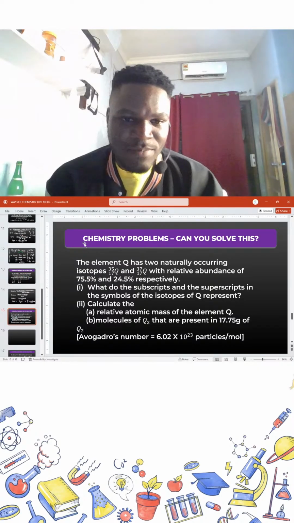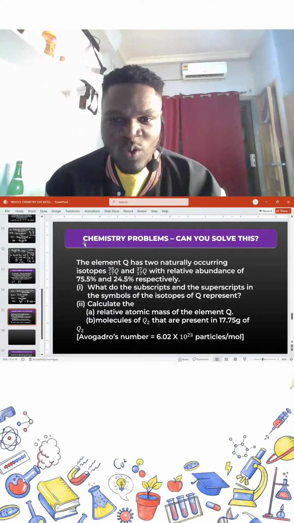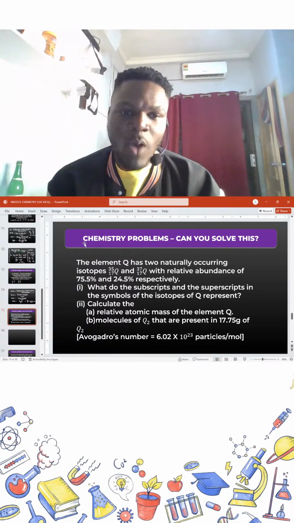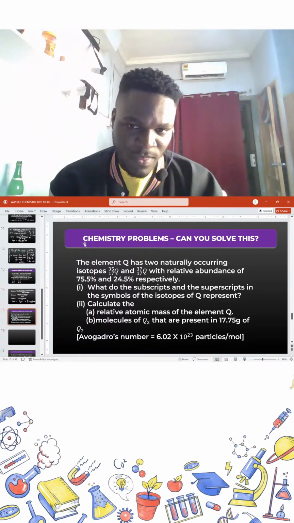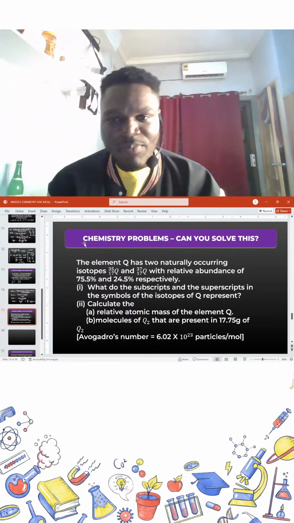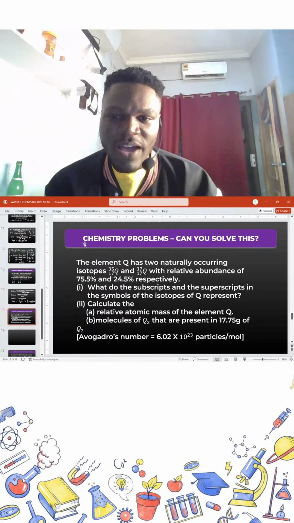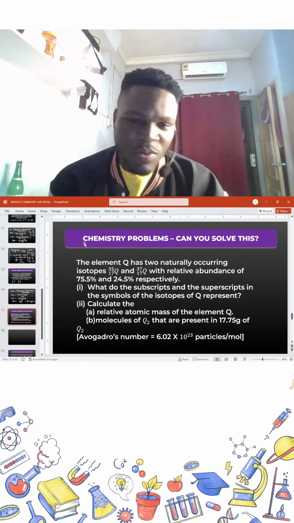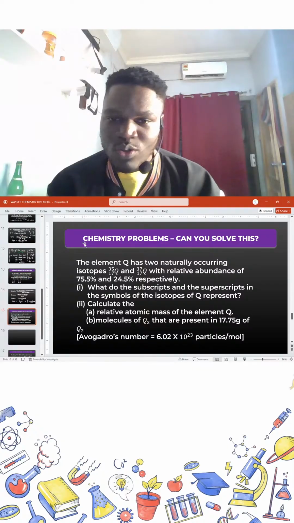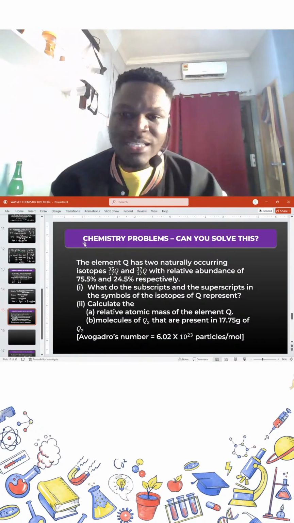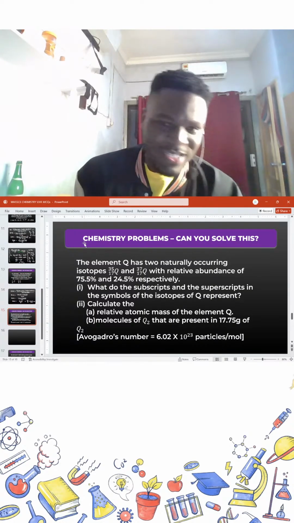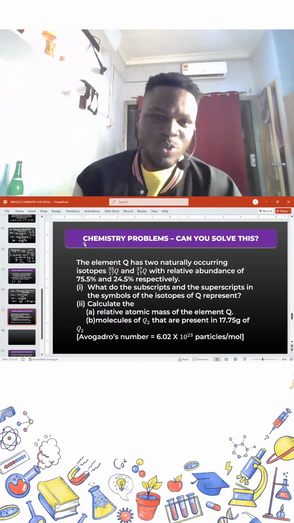The second part, the B, is the molecules of Q2 that are present in 17.75 grams of Q2. Are you okay? And then we've been given the Avogadro's number L to be 6.02 times 10 raised to the power 23 particles per mole. Are we okay?